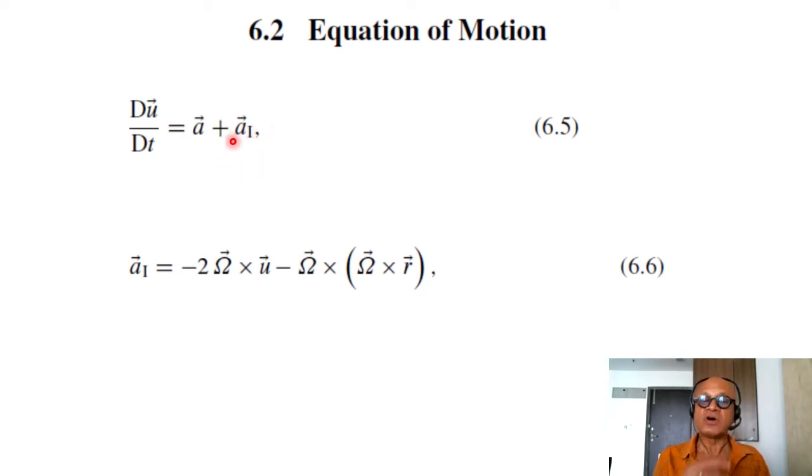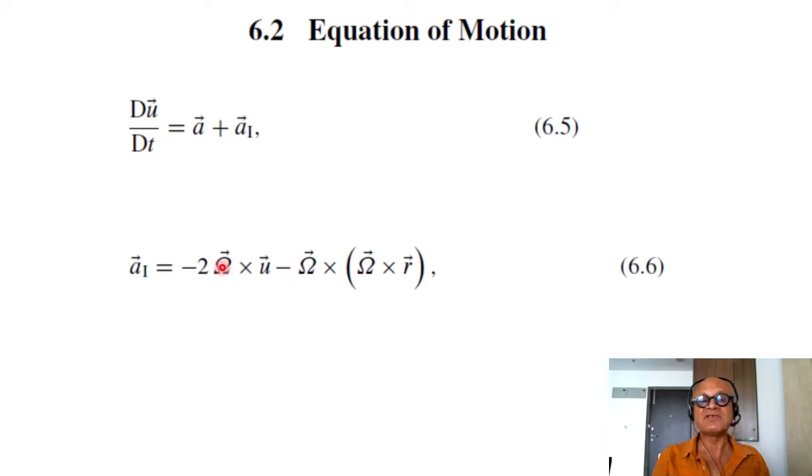And because we are on a rotating framework, you know that immediately we are going to have apparent forces, which obviously are Coriolis effects. So A_I here then can be written as minus 2 Omega cross u minus Omega cross Omega cross r. So this is the Coriolis deflection, apparent force, apparent acceleration. This is the centrifugal force you feel because you're on a rotating planet.